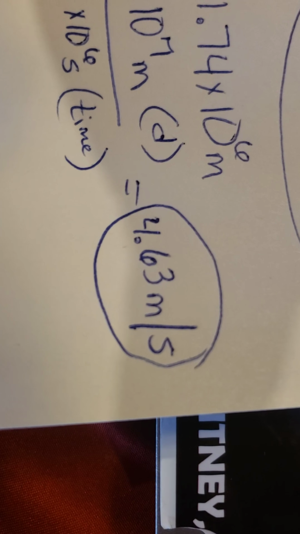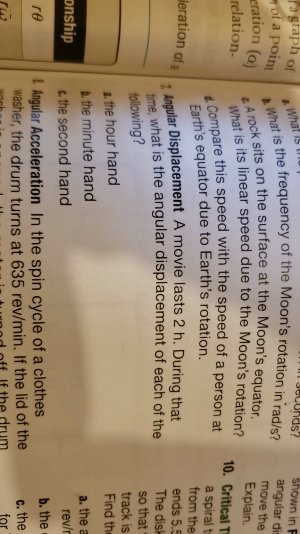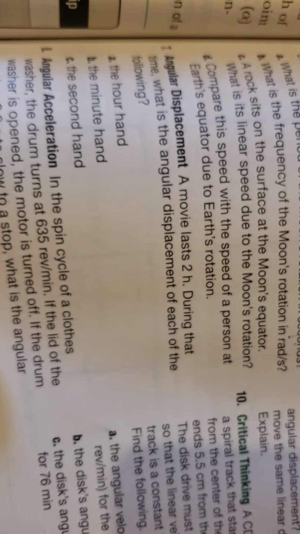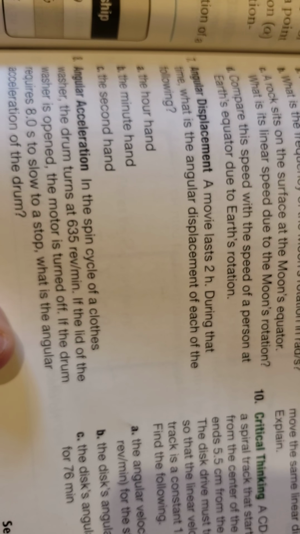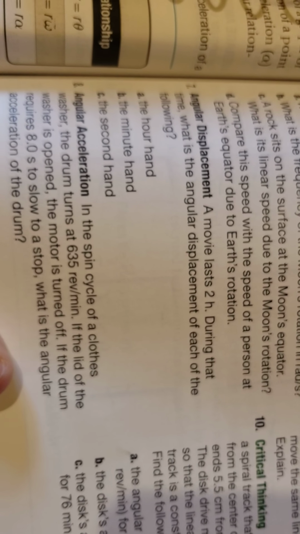What I'd like for you guys to do is, we're going to skip part D because I don't care about standing on the Earth's equator. Let's look at angular displacement, because we've done a problem very similar to this, so I think you can do this on your own. Today, you have a movie that lasts 2 hours.